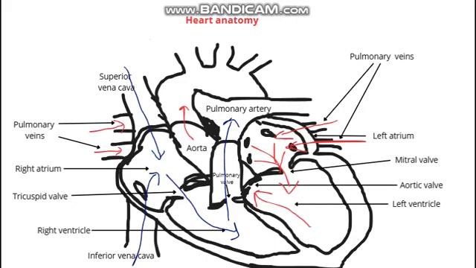Then, during the systole, the ventricle's contraction, this deoxygenated blood is pumped from the right ventricle through the pulmonary artery. Then the lungs remove CO2 from the blood and oxygenate it. The blood comes back through four pulmonary veins in the left atrium.